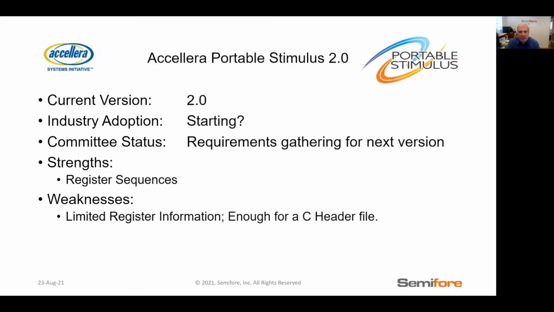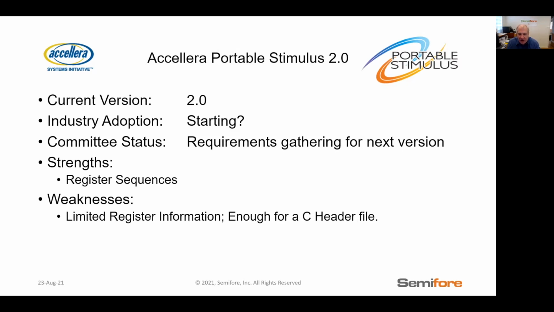All right, portable stimulus. The 2.0 version is out. We're rethinking that. The industry is starting to look at that and starting to use it. The committee is currently gathering requirements for the next version. The strengths are that this particular standard also talks about hardware-software interface, but in this sense, it's more of a programmatic kind of way of looking at it.